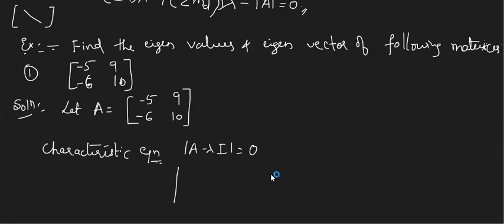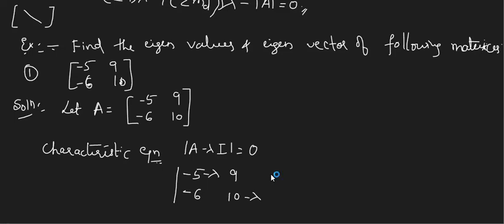If you have A minus lambda I, write the same elements of A. Now, for the diagonal elements, you take minus lambda. What are the diagonal elements for this? -5 and 10, right? So for these you take minus lambda.